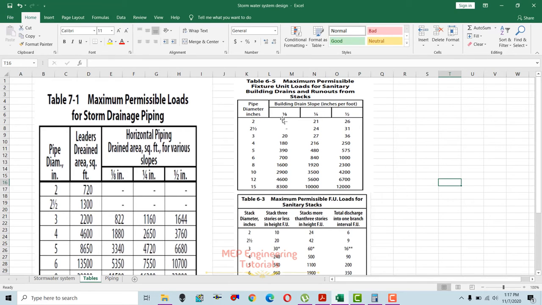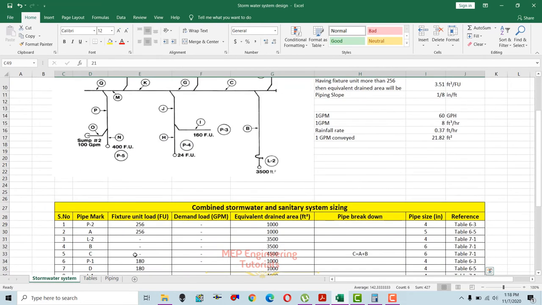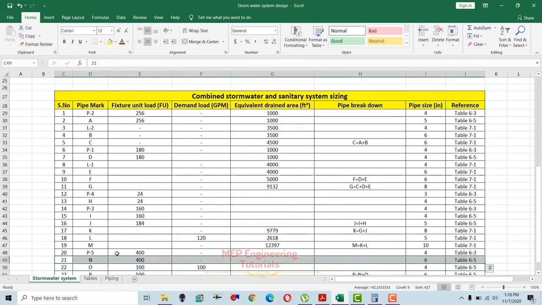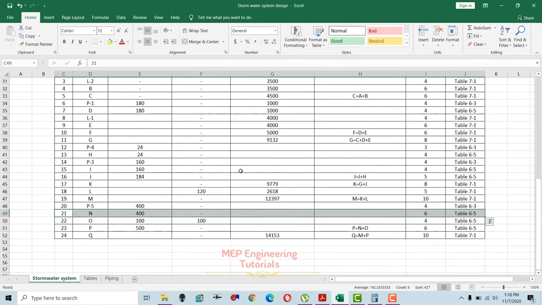The slope for the pipe is 1/8, and for 400 fixture units we have 390 and 700. So we go for the higher value, 700, that is more than 390 fixture units, and you check the pipe size here, which is 6 inches, having 1/8 inch per foot slope. So here you can see that we have used a 6 inch pipe size.